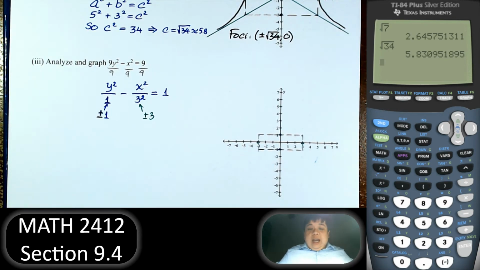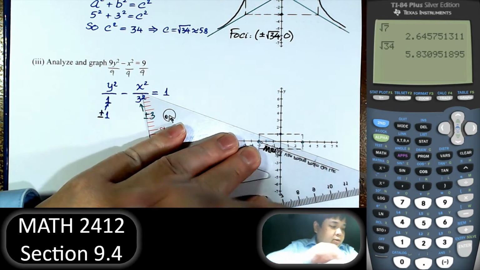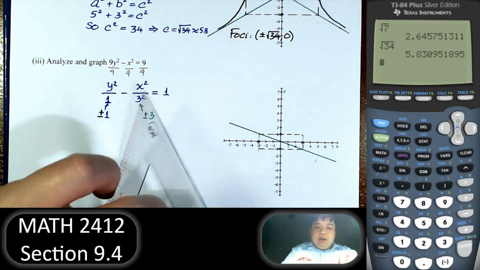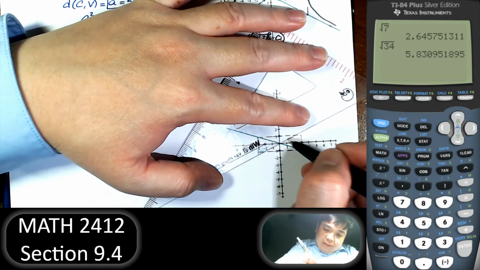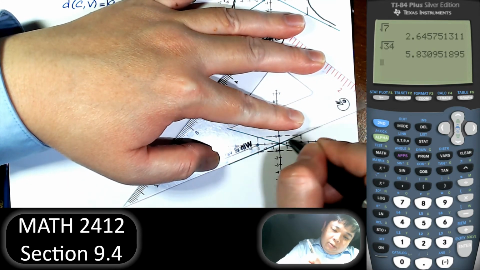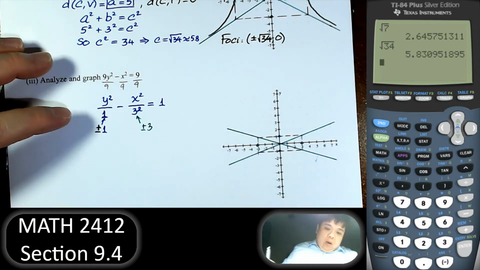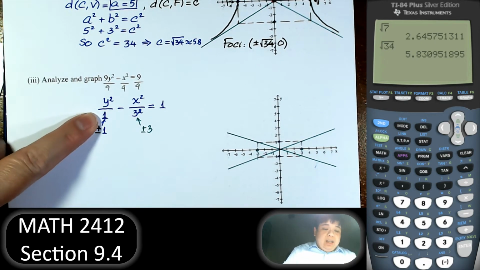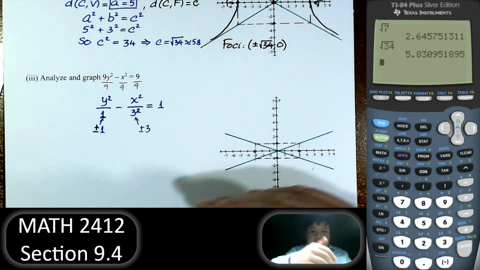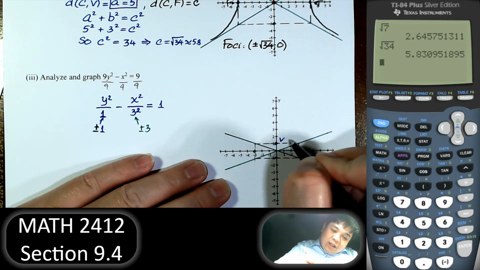Right, and then the diagonals. Those are the characteristics of the hyperbola. Right, now we have y squared subtract x squared, so this is going to be vertical. This will be a vertex.